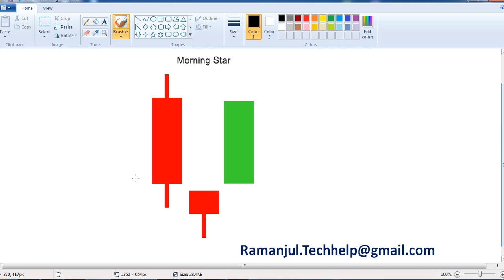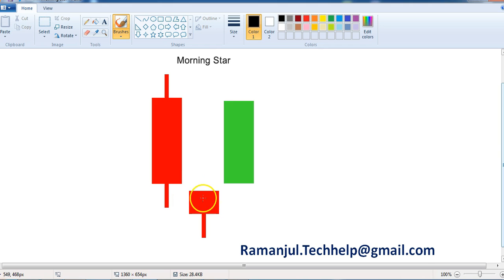One more important point is that in this bearish trend, the first candle is a red candle, which means a lot of selling pressure, and the second one is a doji. The doji happened because of the fight between bulls and bears.